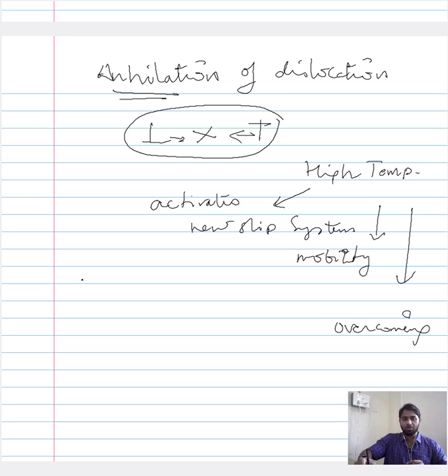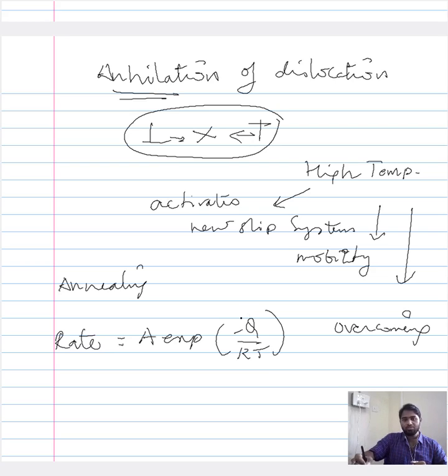This is something that is commonly observed in annealing, and the rate at which this decrease in energy is achieved, which is proportional to the decrease in the dislocation density, is expressed in terms of an Arrhenius-like equation, wherein Q is the activation energy, K is the Boltzmann constant, and T is the temperature.